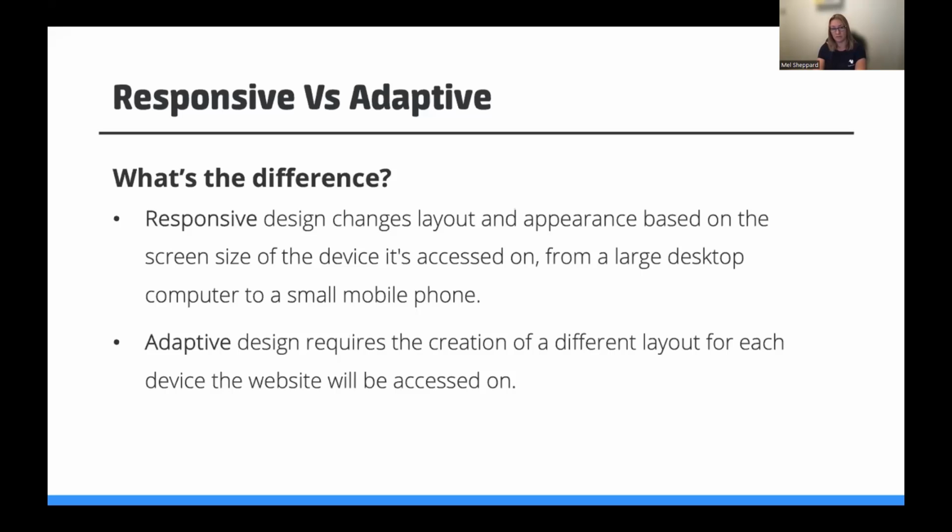There is responsive, where the design changes the layout, so the elements within it change their appearance, and their size perhaps, based on the size of the device or browser window. And then there's adaptive, where you create multiple different layouts and have breakpoints.